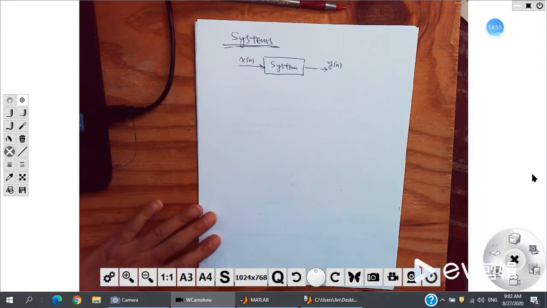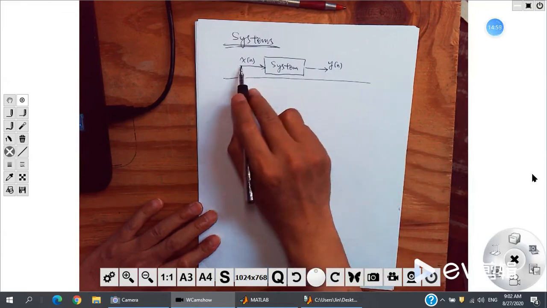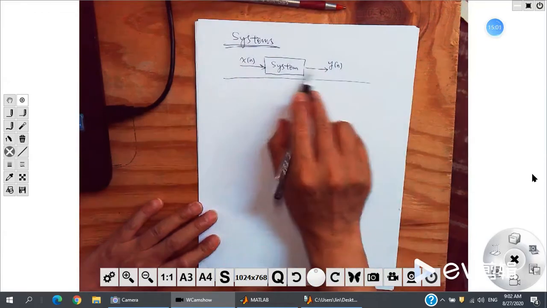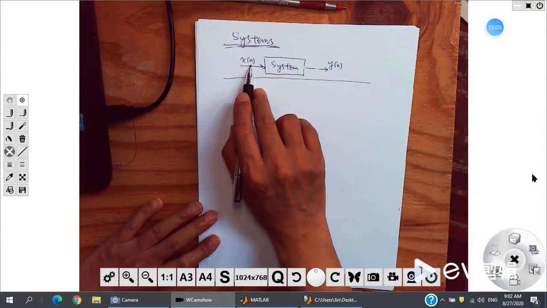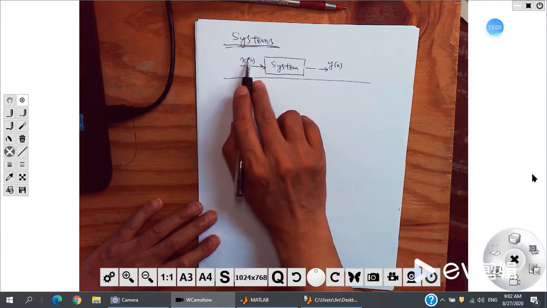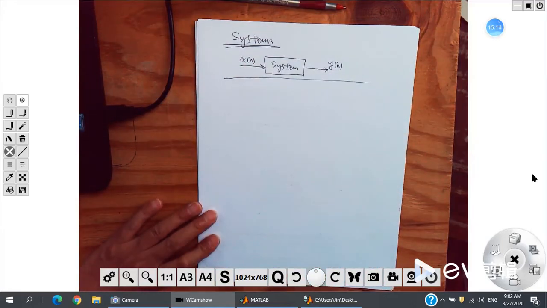Okay, then in this course, we really consider systems where both sides are signals in discrete time. You can also have an input that is a continuous time signal and an output that is a continuous time signal, right? We call that kind of system an analog system.